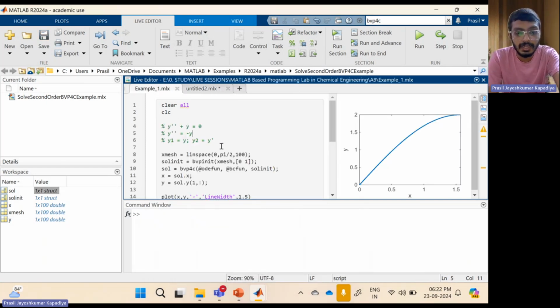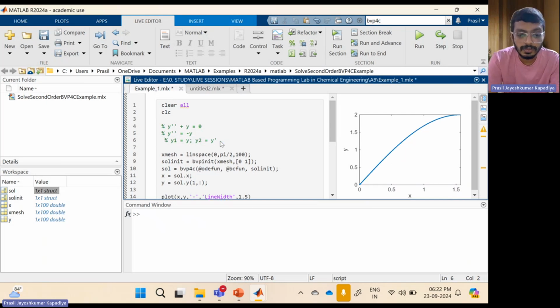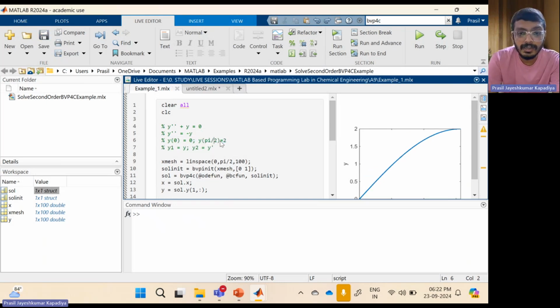Okay, let me do one thing here just for my understanding. Boundary condition is given as y of 0 is equal to 0 and y of pi by 2 is equal to 2. So let's write it down.